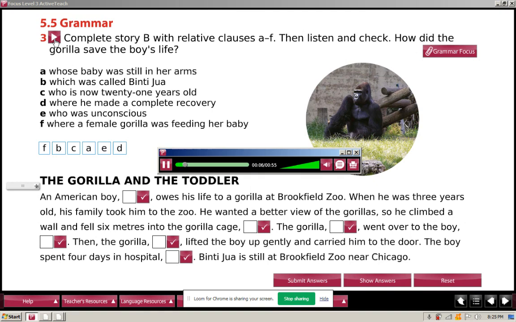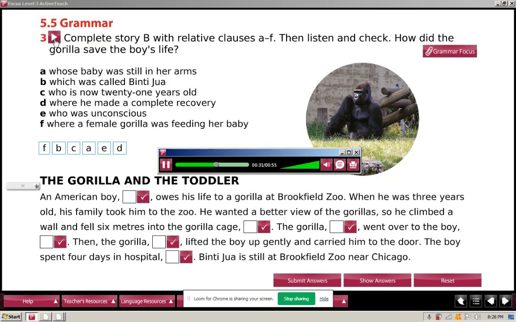The Gorilla and the Toddler. An American boy who is now 21 years old owes his life to a gorilla at Brookfield Zoo. When he was 3 years old, his family took him to the zoo. He wanted a better view of the gorillas, so he climbed a wall and fell 6 meters into the gorilla cage, where a female gorilla was feeding her baby.